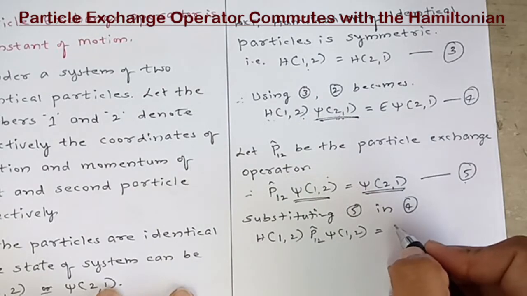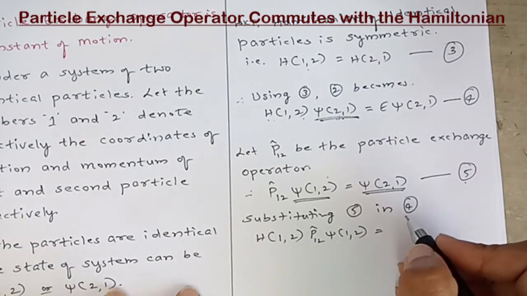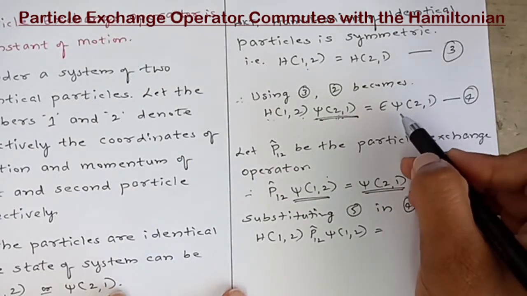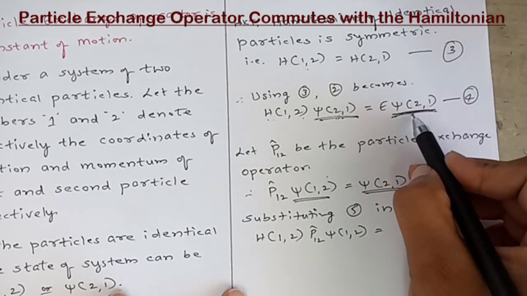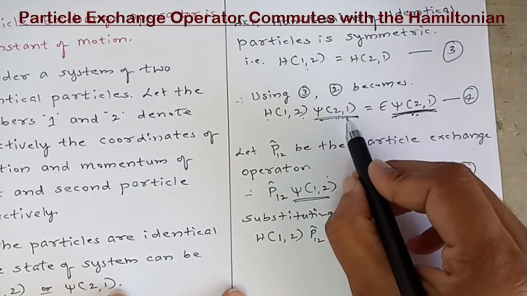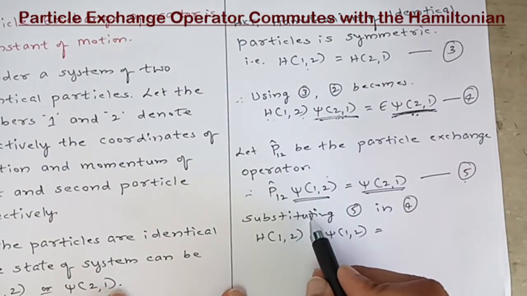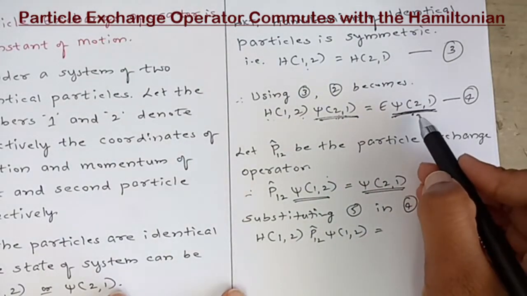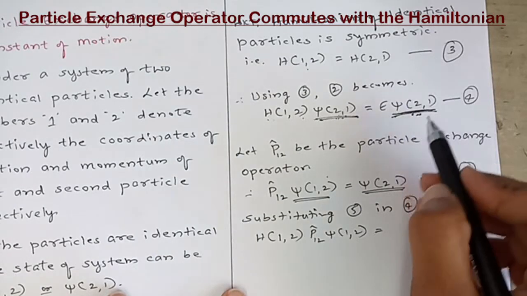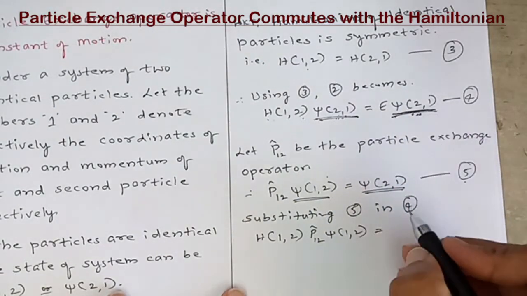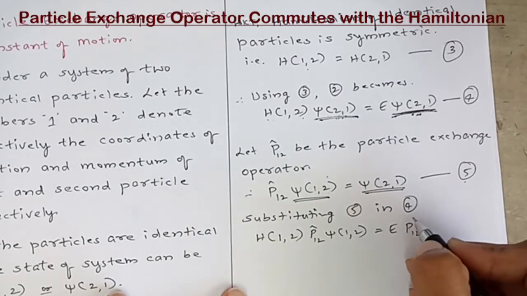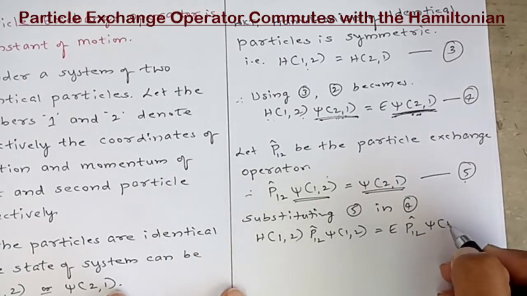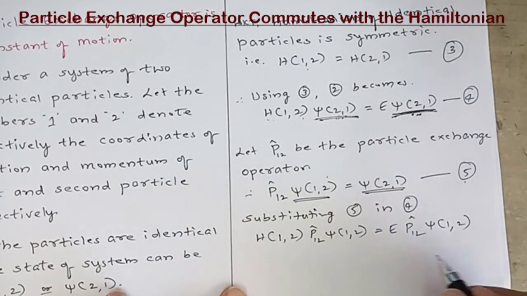Again, on the right-hand side we have psi(2,1), which we substitute with the same value. So what we get is E as it is, then P12 psi(1,2), where P12 is the particle exchange operator.